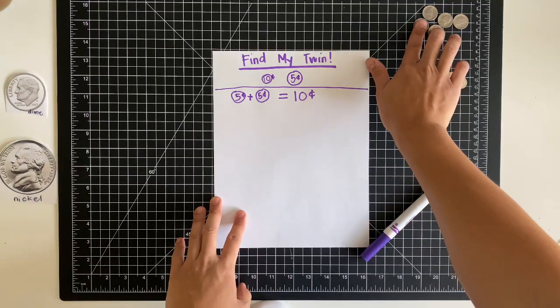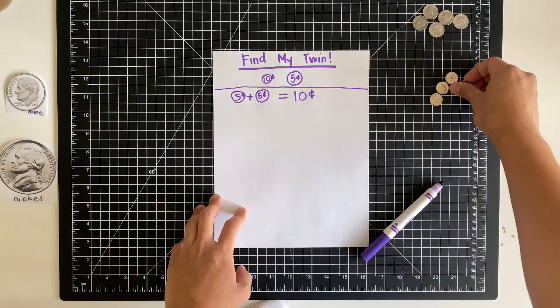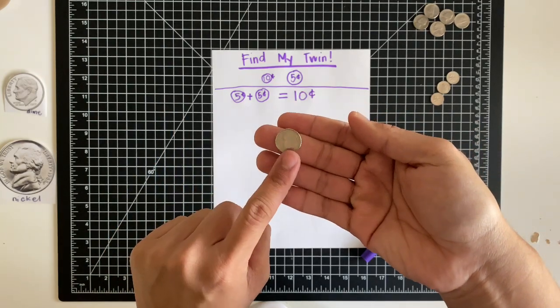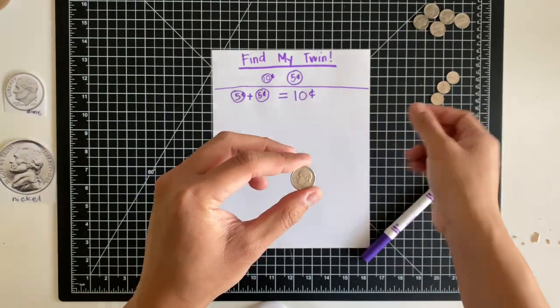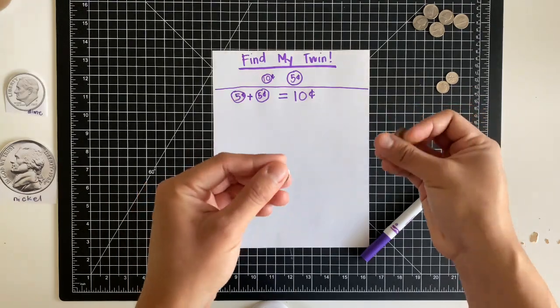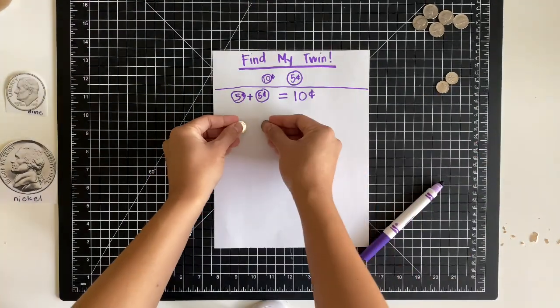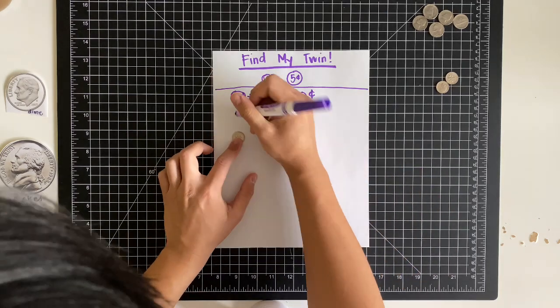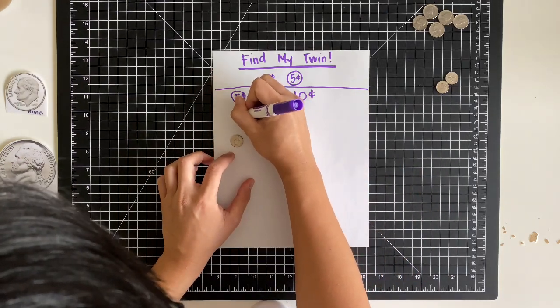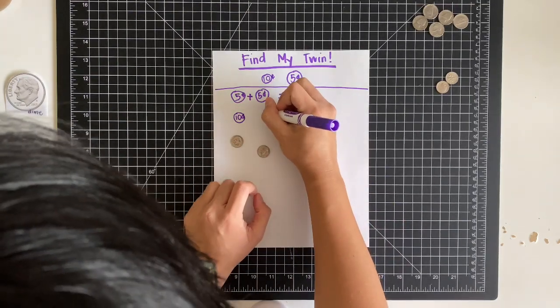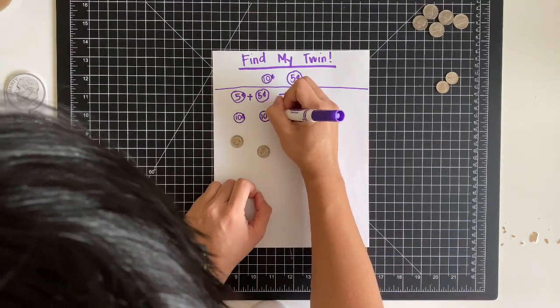How about, we know the value of 1 dime is 10 cents, but what's the value of 2 dimes? Let me draw it first so I can see it better. A dime is worth 10 cents, and I have another dime right here worth another 10 cents.